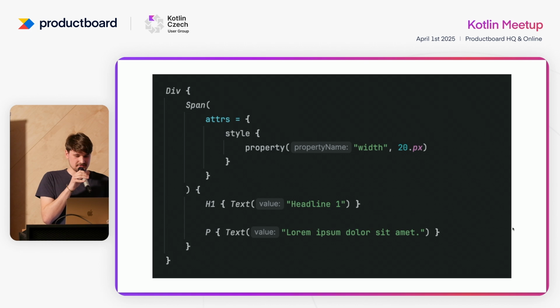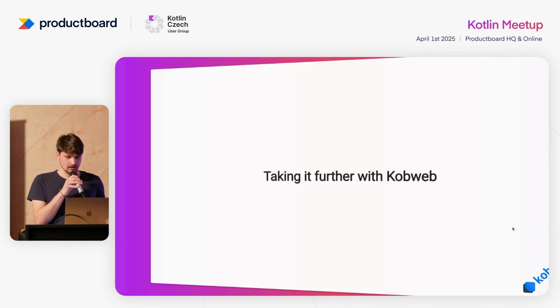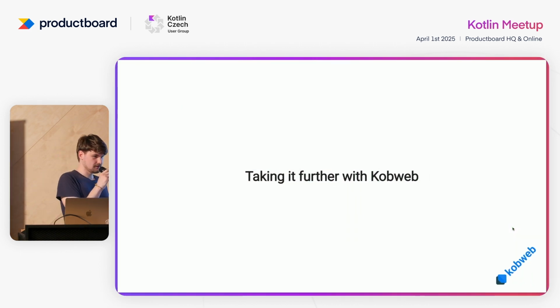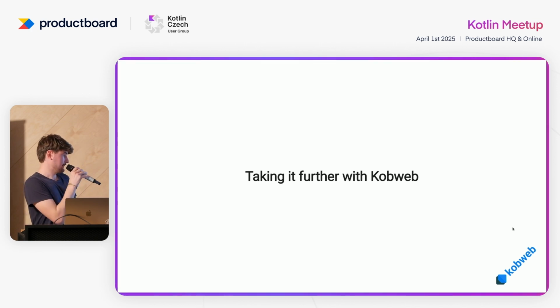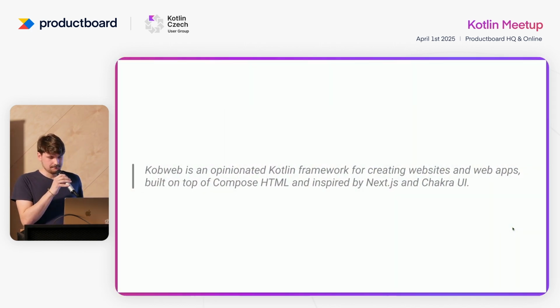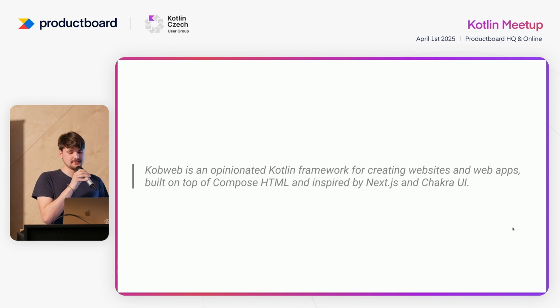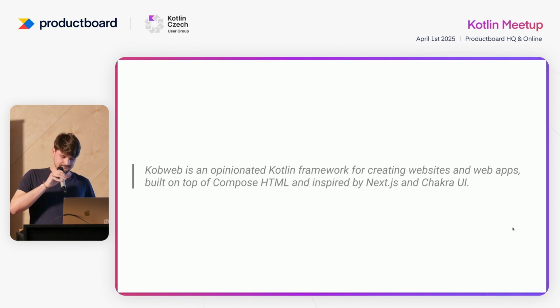For those of you that use Compose, you wouldn't really say that this is Compose. However, we can improve this with the use of a library called Kobweb. As the author says, Kobweb is an opinionated Kotlin framework for creating websites and web apps built on top of Compose HTML, inspired by Next.js and Chakra UI.